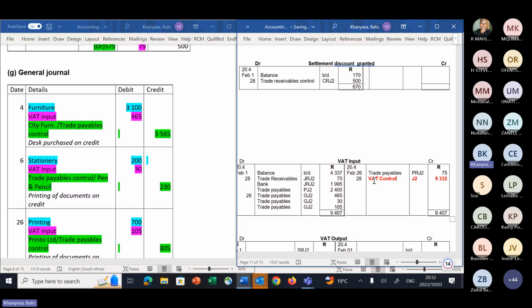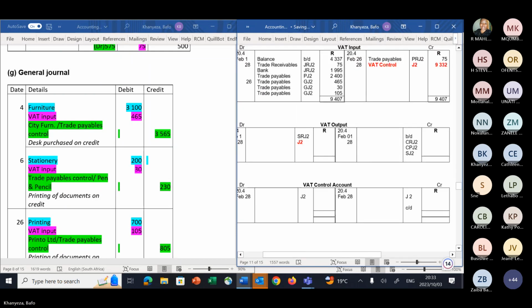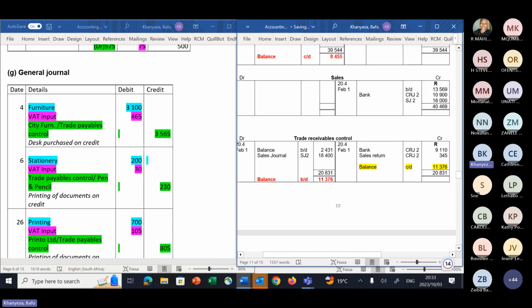Then we will have to credit this VAT input so that we remove it. That's when it's gonna come to the general journal.